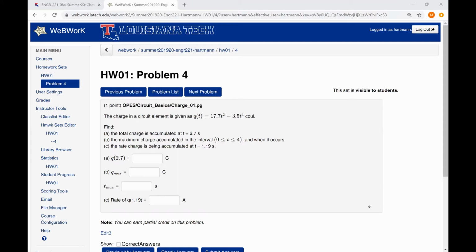I wonder if I can draw on this. No. All right, so let me write this down, and then we'll pop over to the engineering paper thing I have. So 17.7 t squared minus 3.5 t to the 4th. All right.